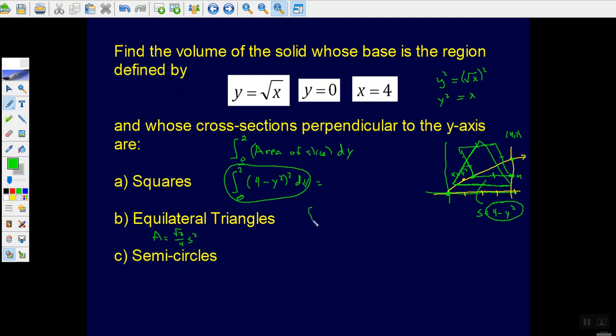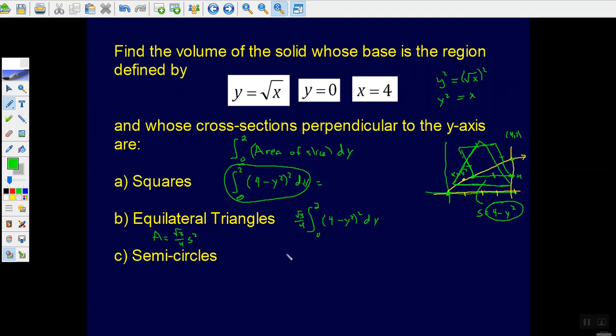So this integral is now going to be 0 to 2. The side length is 4 minus y, so I'm again going to have (4 minus y) squared dy. And I can actually plop the root 3 over 4 right in the front. Again, this integral now will give you the volume of all the equilateral triangle cross sections.